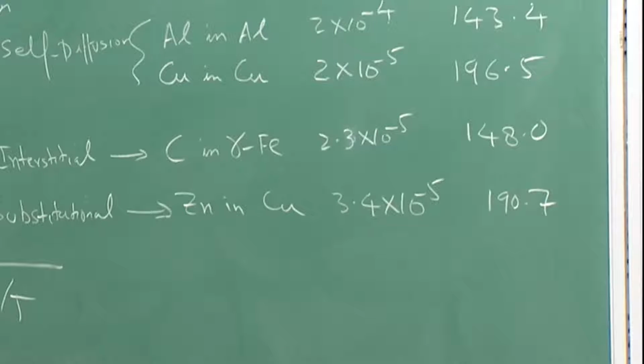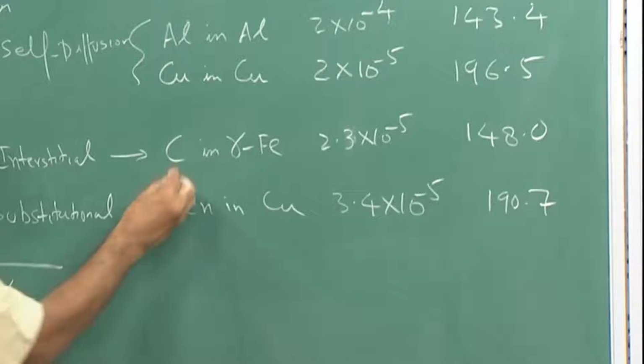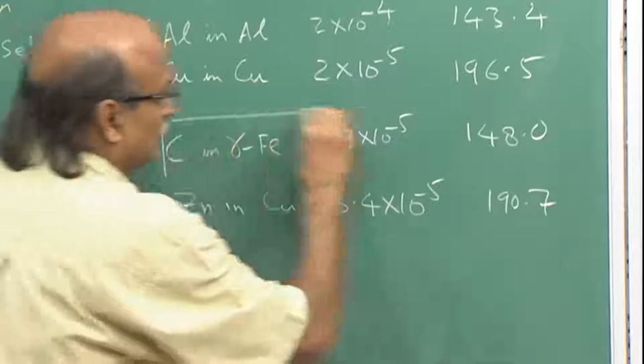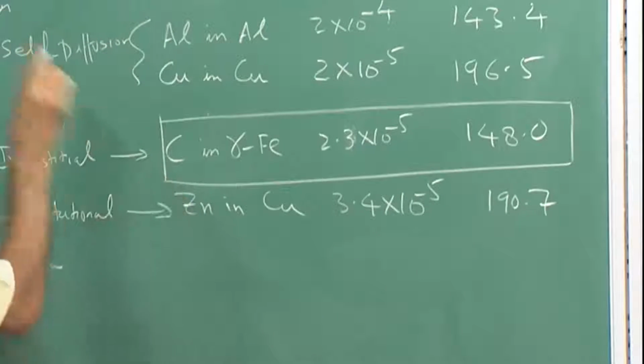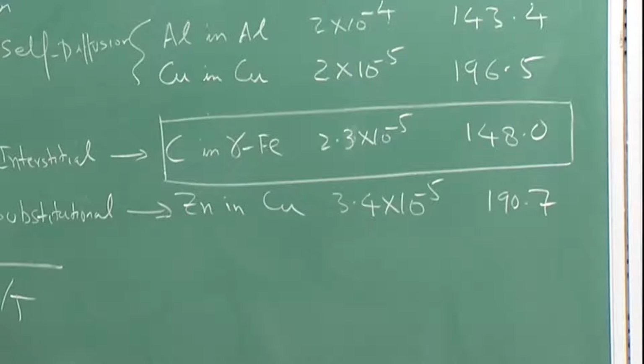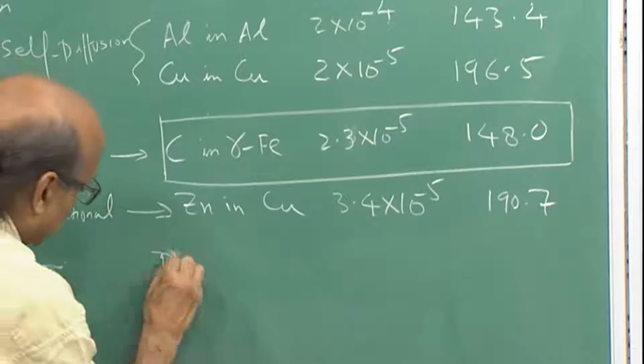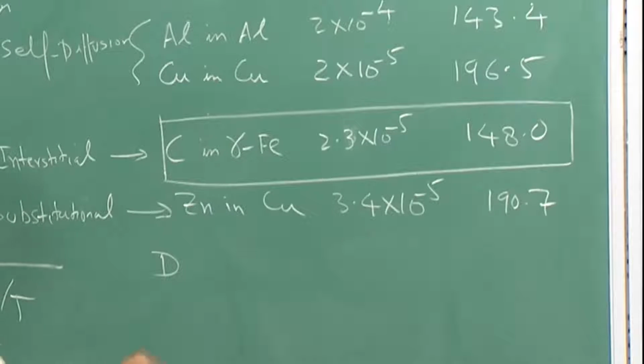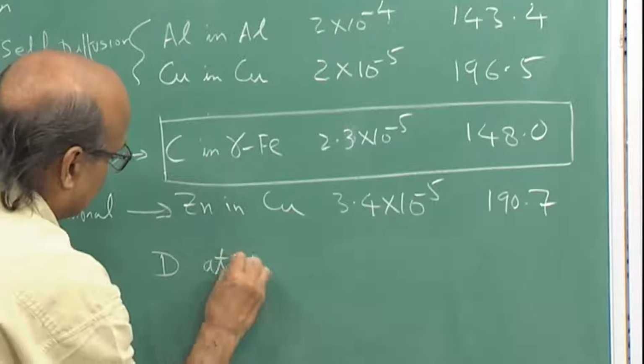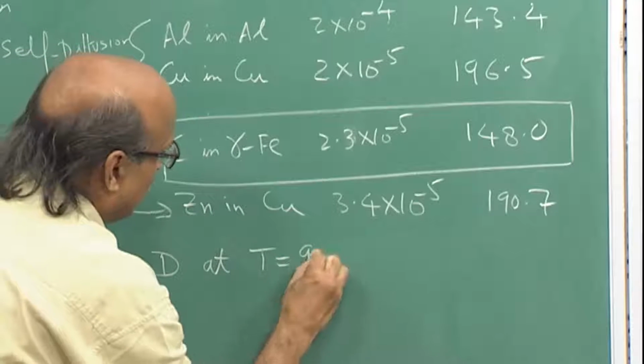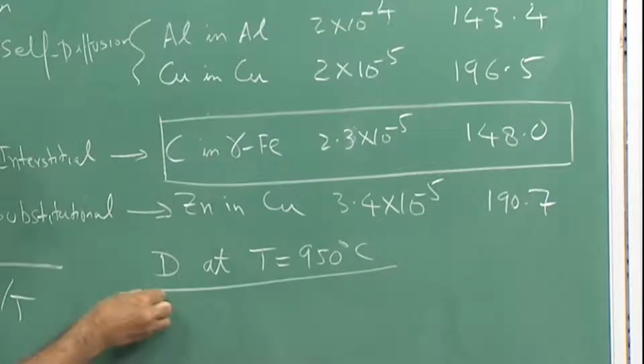If we take just one case, let us consider this case and find out what is D, the diffusion coefficient, at T equal to 950 degrees centigrade?